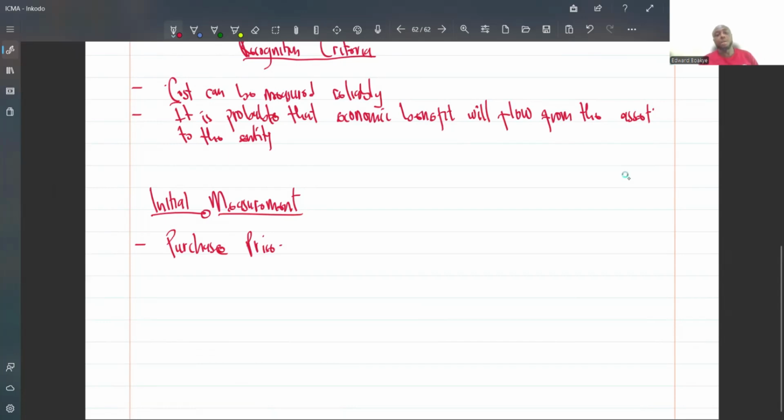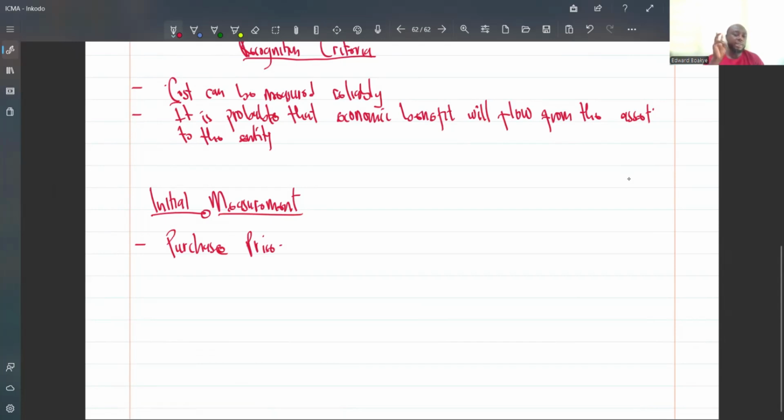It may not be a chair. I may go to the market to buy a high standard machine that I'm going to use for production, right? So yes, the purchase price is part of the initial measurement.